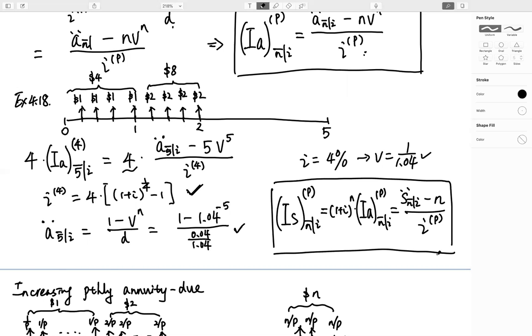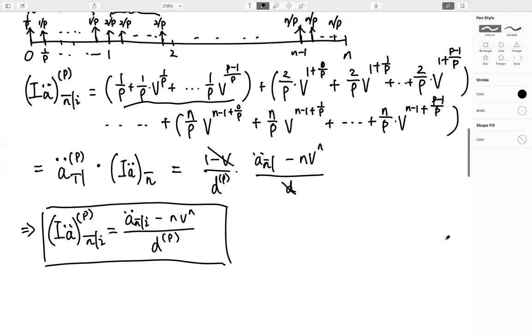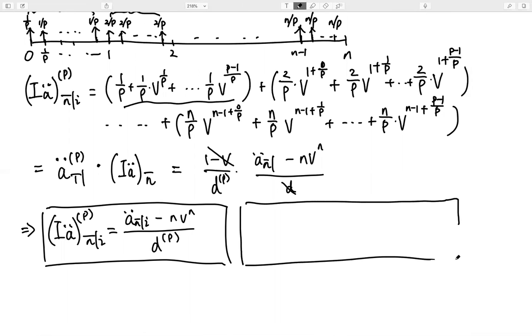Okay, so with this in mind, you immediately anticipate this result: IS double dot P angle N. Obviously this is 1 plus I to the nth times IA double dot upper P angle N. This would be the future value.